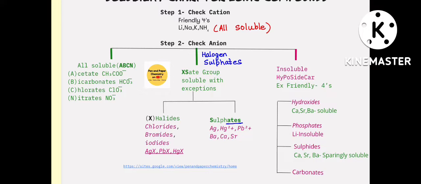If I say BaSO4, soluble, insoluble? It's insoluble. Silver sulfate, Ag2SO4? It will be insoluble. PbSO4? Insoluble. What about PbCl2? Think about it. Yes, again it will be insoluble, right?